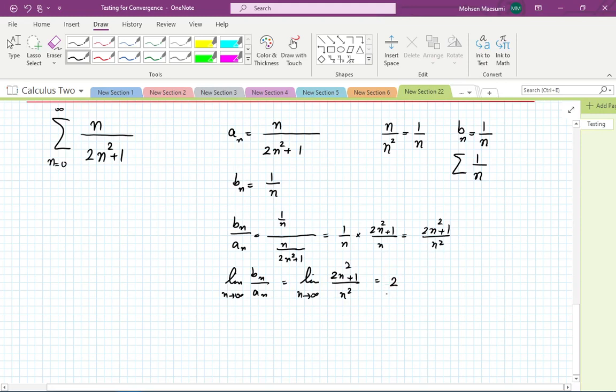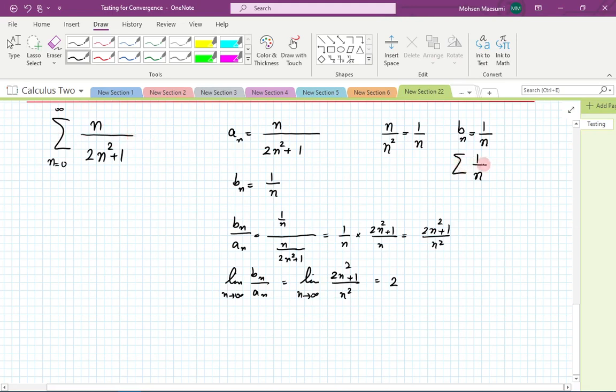What does that mean? If the limit is any number between 0 and infinity, so 0 is not acceptable, infinity is problematic for us. Any number between 0 and infinity, what does that tell us? It means these two series share the same fate. So if you know what's happening to the sum of 1 over n, exact same thing is going to happen to the sum of the other one.